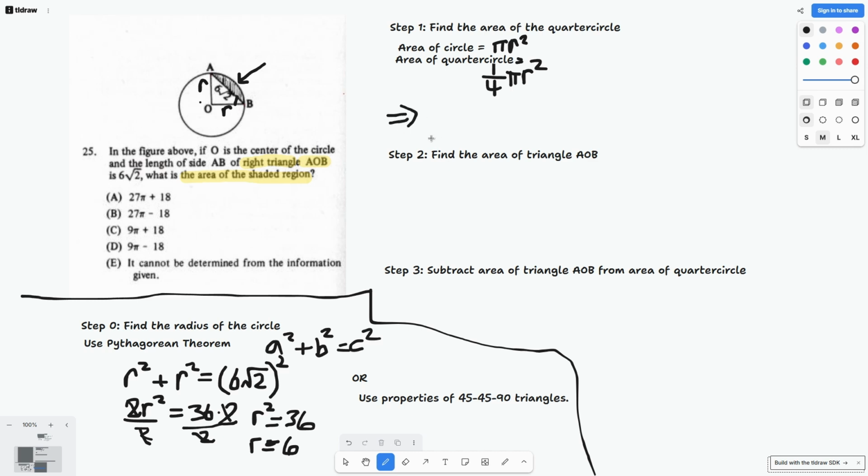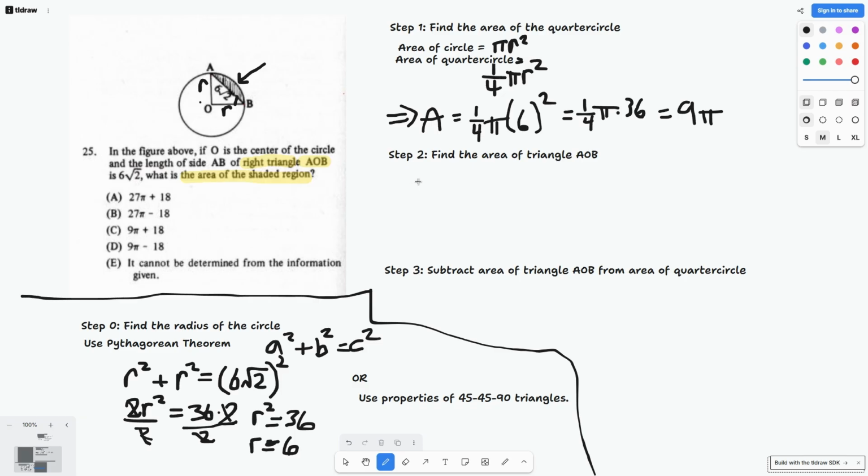I'll say the area of the quarter circle is 1 over 4 pi r squared, 6 squared. 6 squared is the same as 6 times 6 or 36. So this is 1 over 4 pi times 36. And then we can simplify this by doing 36 times 1/4, which is the same as 36 divided by 4, which is 9 pi. So 9 pi is the area of the quarter circle.